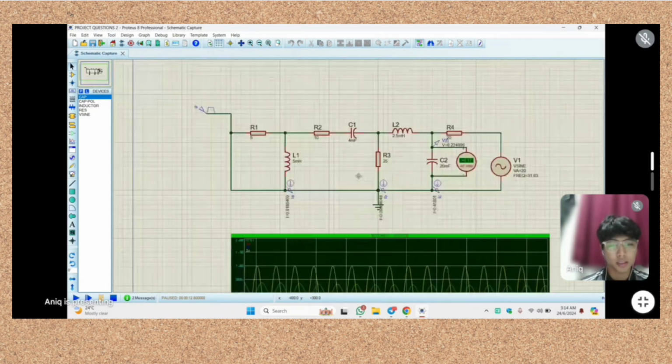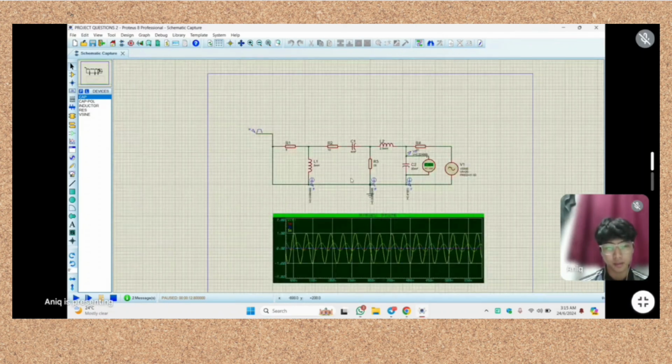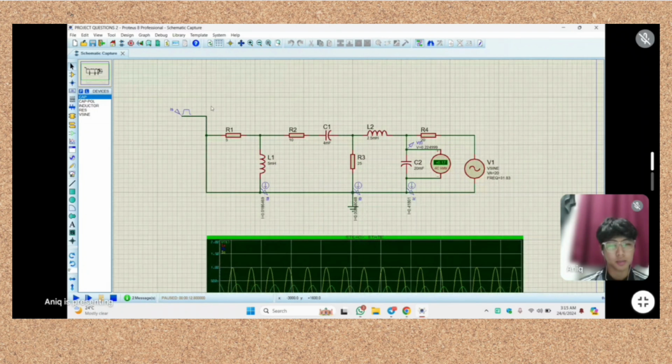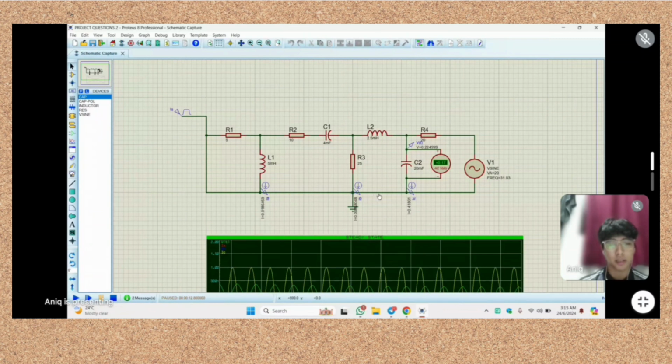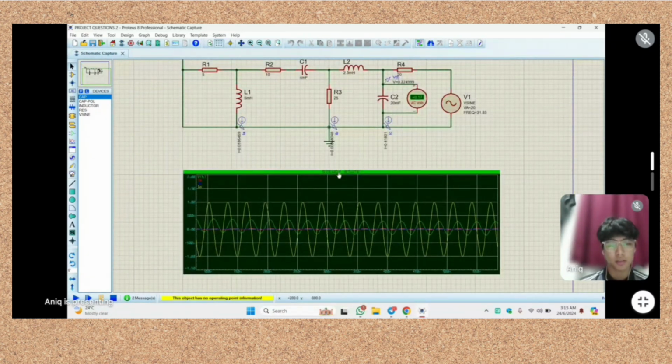So we already have the answers, and we compare the answers of our simulation with the manual calculation, to know whether our manual calculation is correct or not, and also whether the simulation is correct if we get a different answer for IA, IB, IC, and VT. So this is the simulation of question 2.